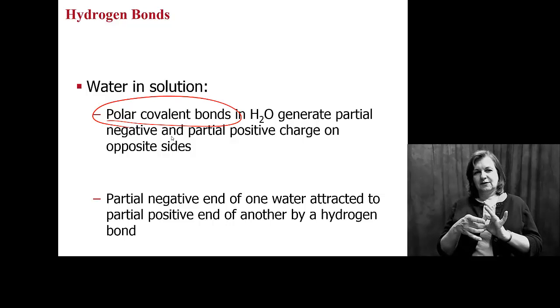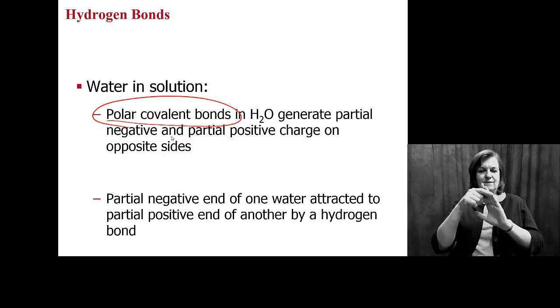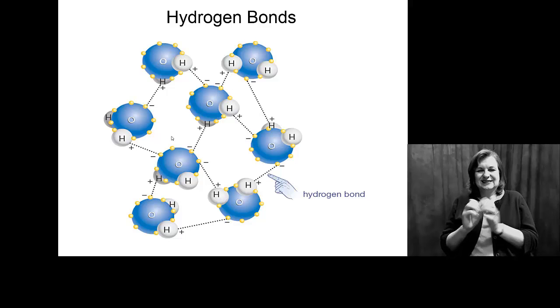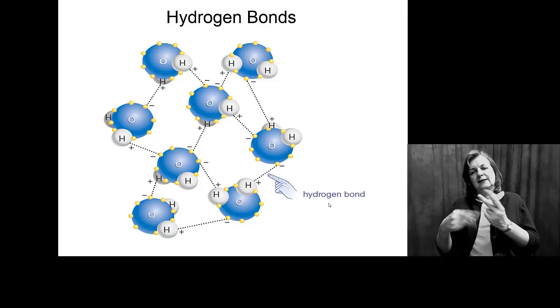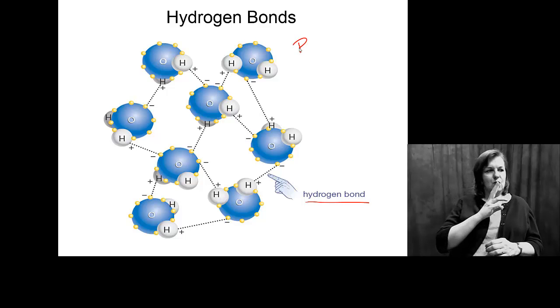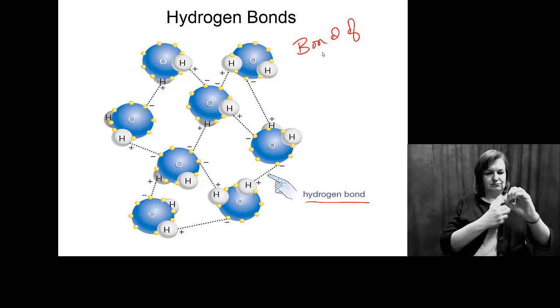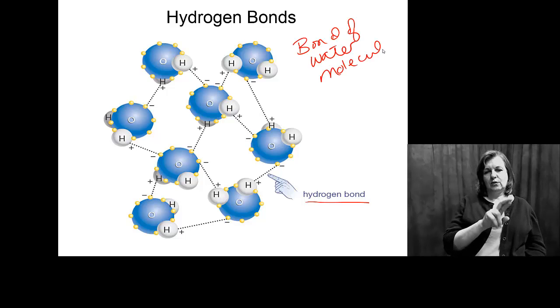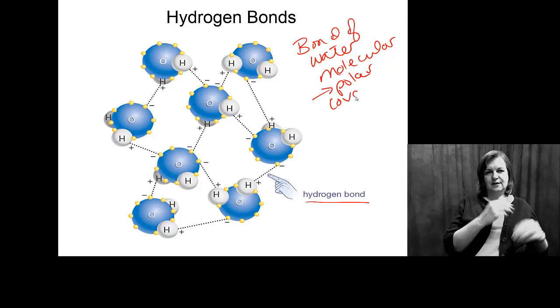So it's this establishment of this positive and negative ends to these water molecules that actually allows water molecules to stick together. So they actually stick together by a second type of bond known as a hydrogen bond. So the bond of the water molecule itself, we said, is a polar covalent bond.